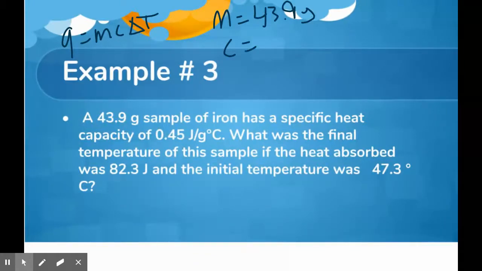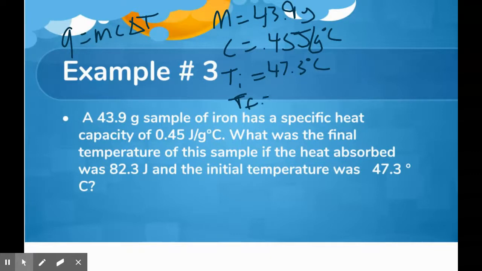The heat capacity of iron is 0.45. Our initial temperature is 47.3 degrees Celsius. Our final temperature is what we're looking for. So our Q is 82.3 joules. So we want to plug everything into our equation.